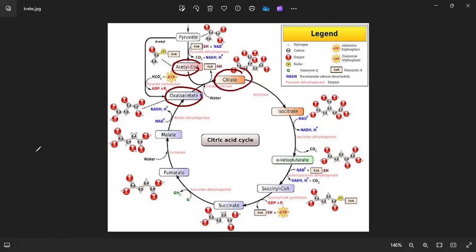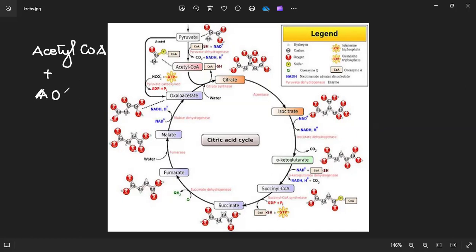That's why we are saying that the oxaloacetate is the parent molecule, okay? So here, acetyl-CoA is fed into the cycle, but for the cycle to continue, the acetyl-CoA has to bind to the oxaloacetate to produce a citrate, which produces isocitrate, alpha ketoglutarate, succinyl-CoA, like that. Is that okay?